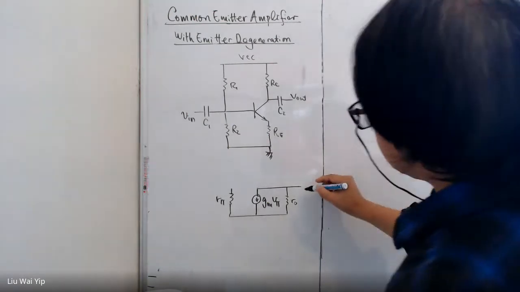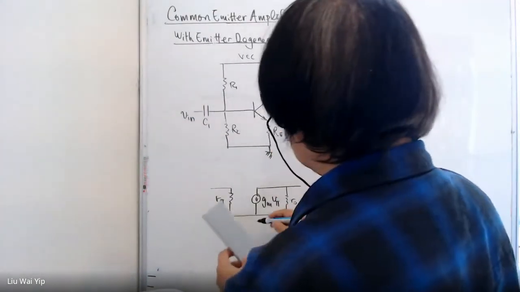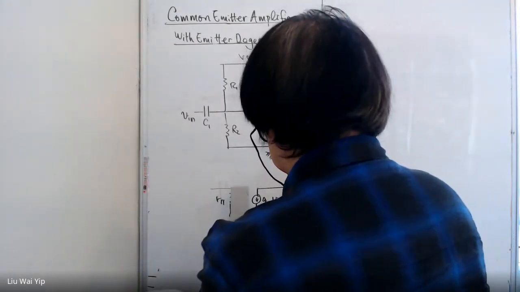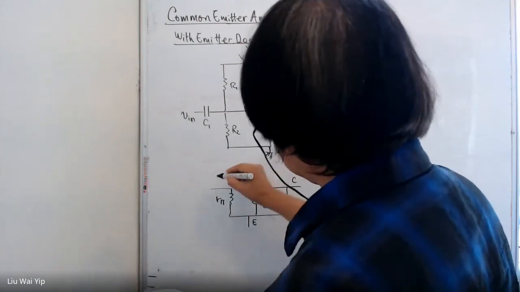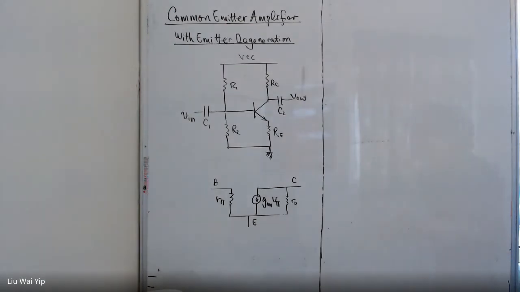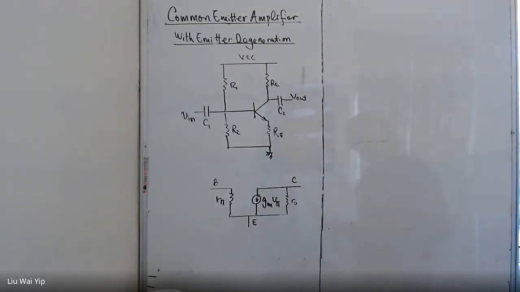And the output to C, D, and B. So this is the pi model for the bipolar junction transistor.